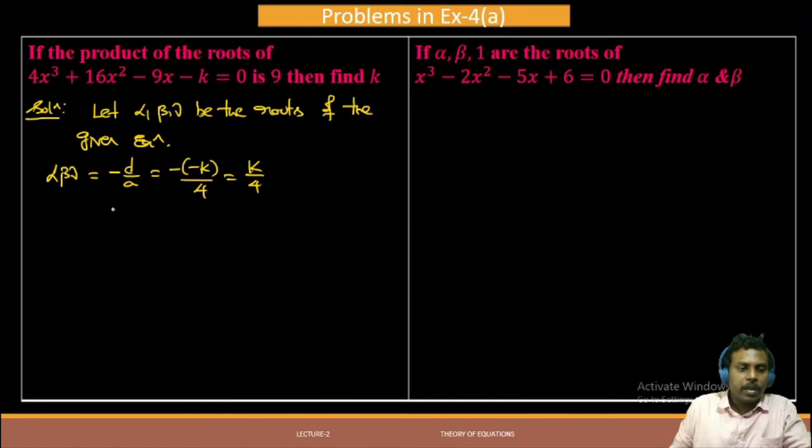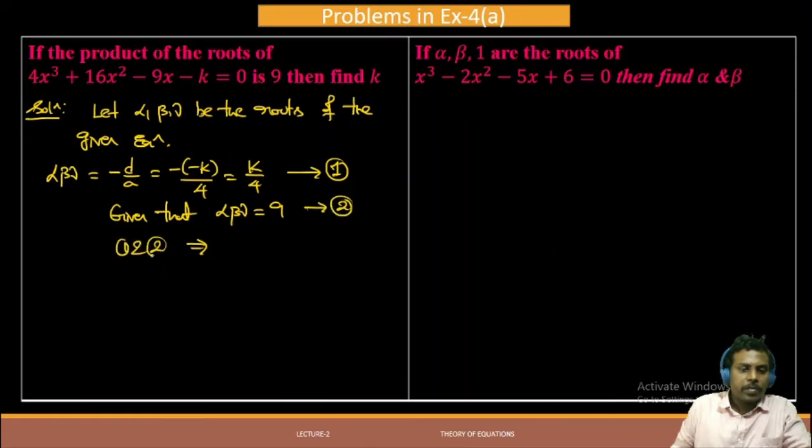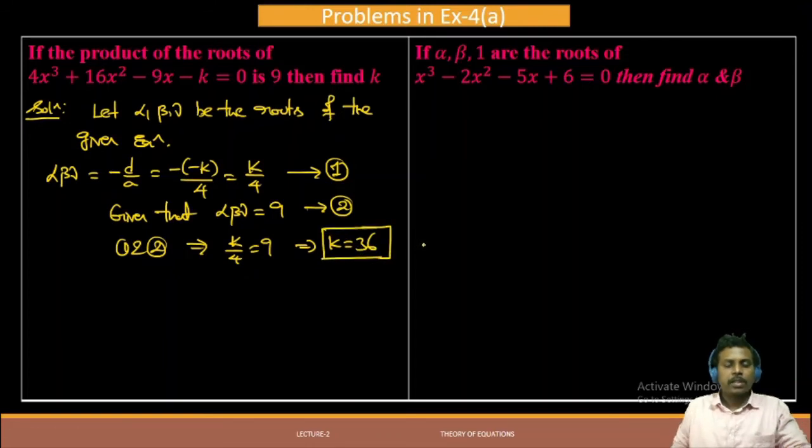But given that alpha beta gamma is equal to 9. So you call this equation 1, and this equation 2. So 1 and 2 imply k by 4 is equal to 9, implies k is equal to 36. So 36 is the answer actually.